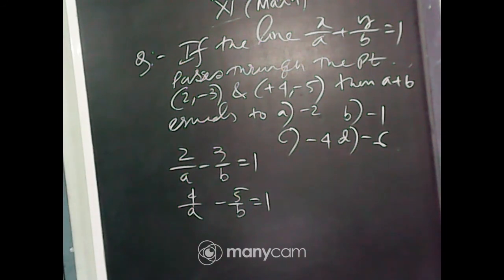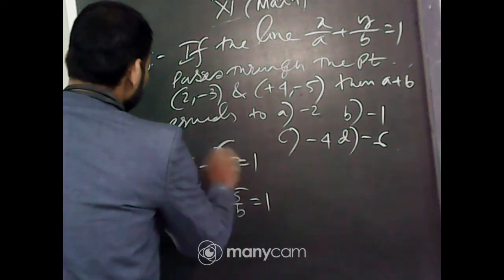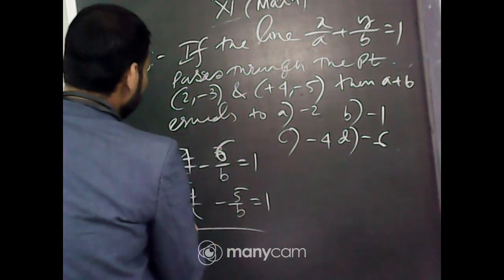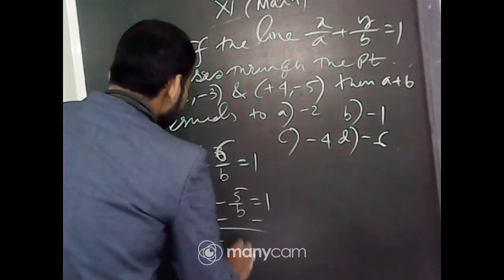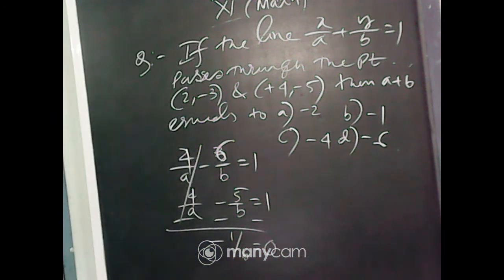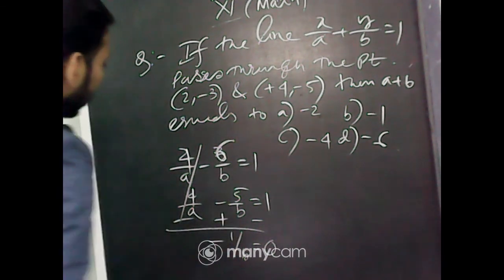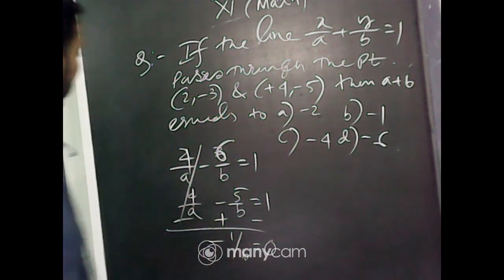Now solve it. Multiply it by 2, then do the subtraction. So minus 1 by b equals, that is minus 6 by b plus 5 by b.